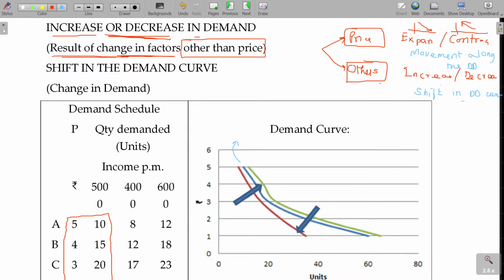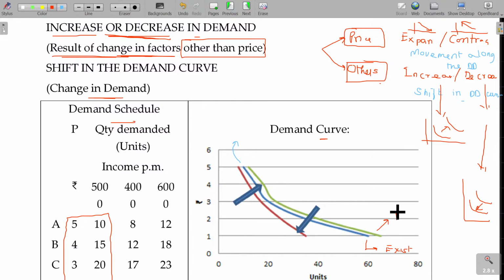In case of shift, in the case of increase, the demand curve will shift to the right side. In case of decrease, the demand curve shifts to the left side. This is called decrease in demand, otherwise called change in demand. Demand schedule is there, demand curve is there. The blue color is the existing one.